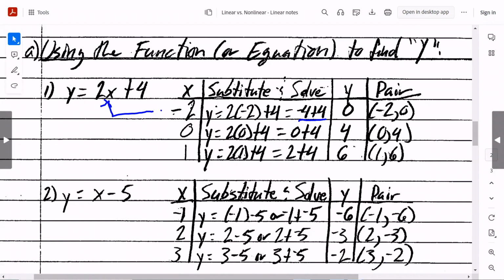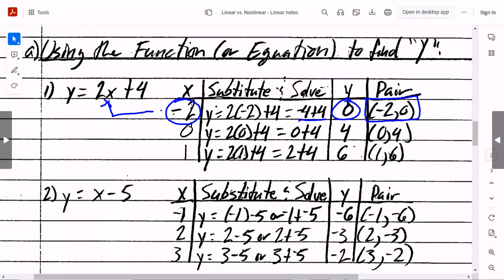So I've got my x coordinate, my y coordinate, and now my first ordered pair: negative 2, 0. Remember, the x's are going to be given. All you have to do is find the y and then most likely put it together as an ordered pair. Do it again with 0.